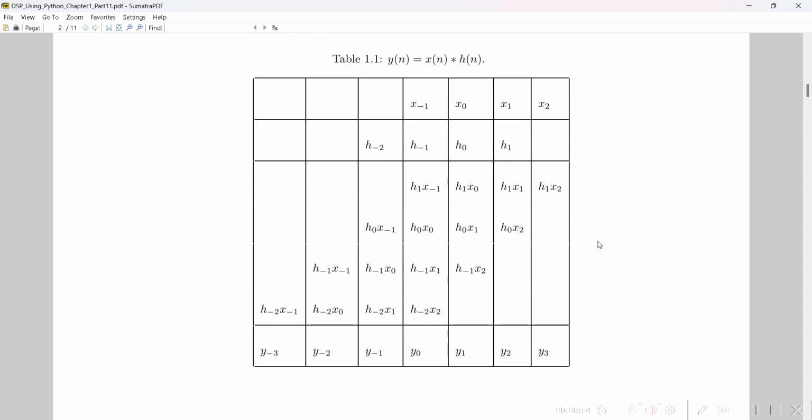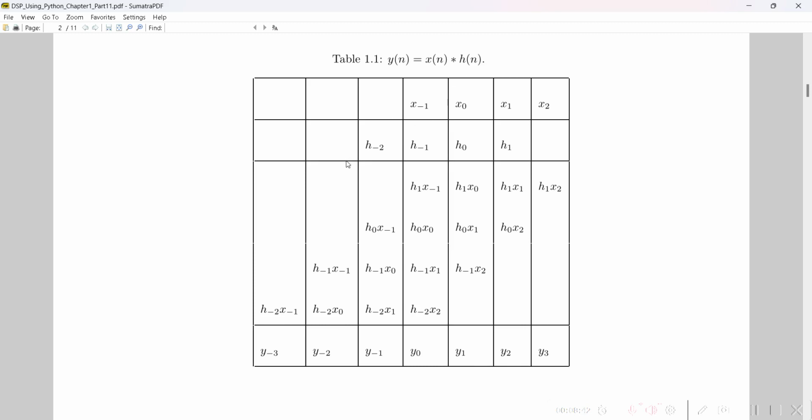Not the rest of the table yet. Okay. You see here, 2 plus 1 will be 3. So y3 is the rightmost index for the output. Then y2, y1, y0, y minus 1, up to where?